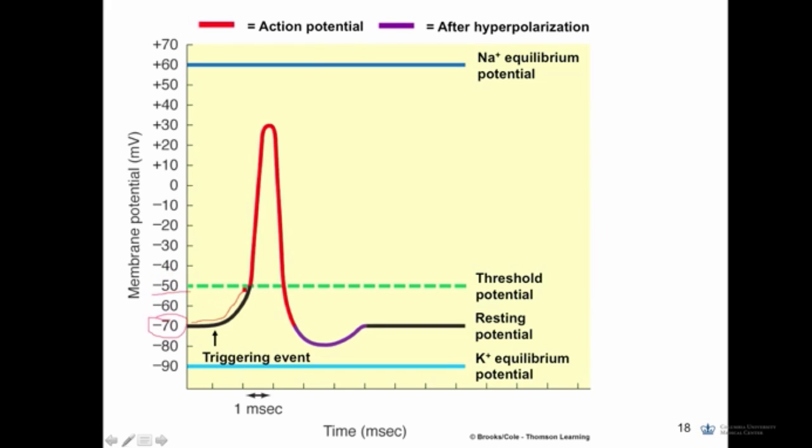At this threshold, all of a sudden, the action potential is triggered. The first thing we see is a very rapid and extreme depolarization. So the membrane potential rises and hits a peak of about 30 millivolts, which is just an average for cells.